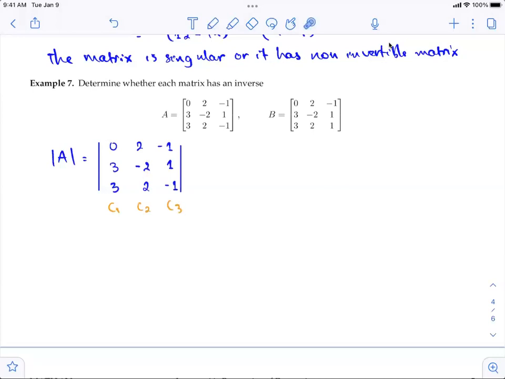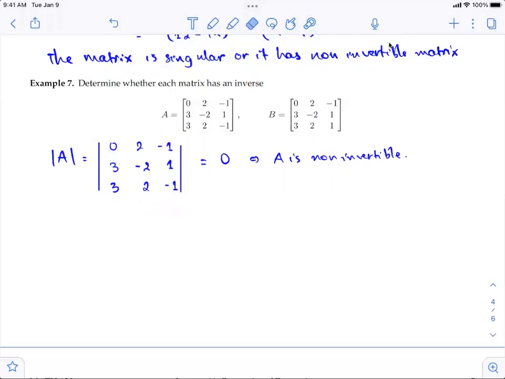The second column and the third column are multiples of one another. And based on one of the conditions that we learned in the last lecture, if one column is a multiple of another column, the determinant is automatically equal to 0. So without doing further calculation, you can claim that the determinant of this matrix is equal to 0. So therefore, A is non-invertible. So that means you cannot find an inverse matrix for A.